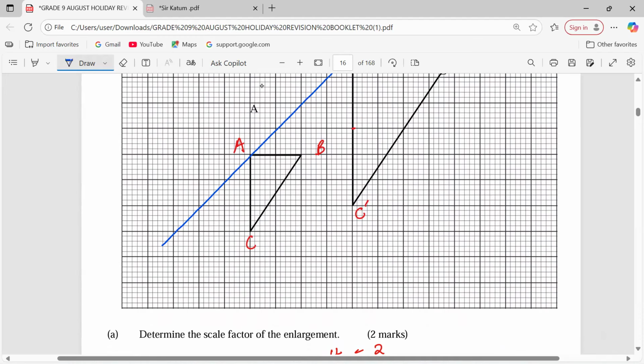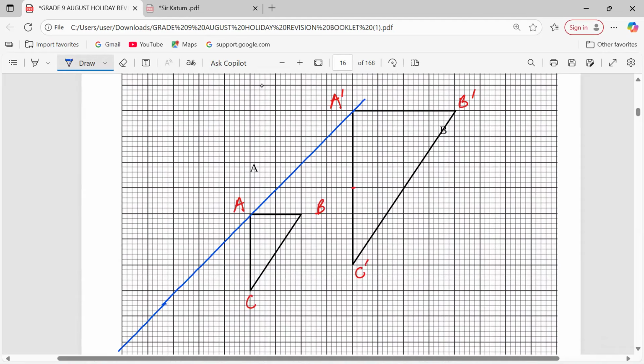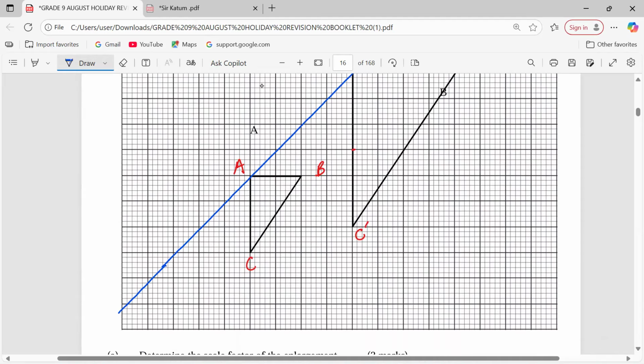You're not limited by anyone, you just prolong. C to C prime and you prolong like that.